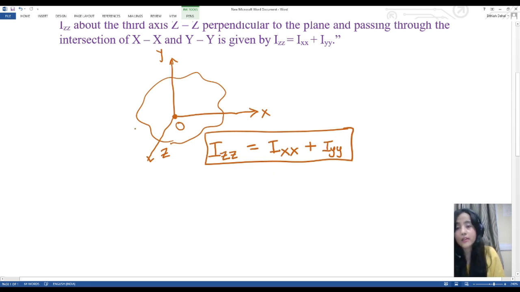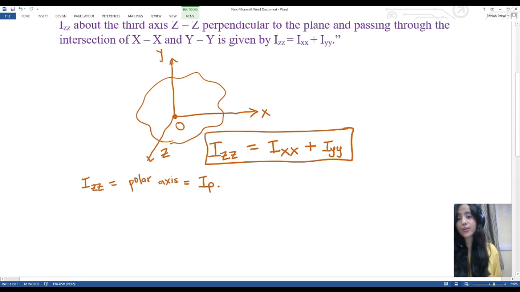I hope it is clear. Now this third axis Izz is also known as the polar axis, and it is denoted by IP. So Izz equals IP.